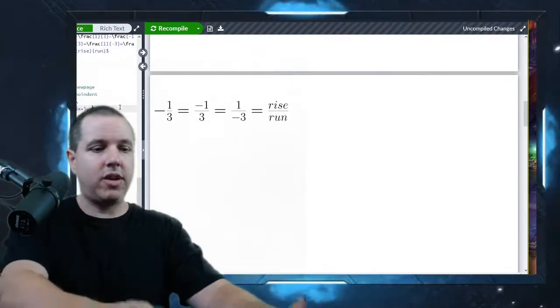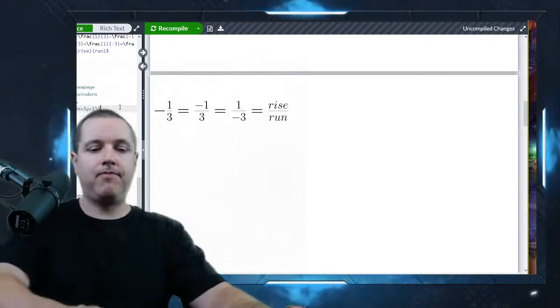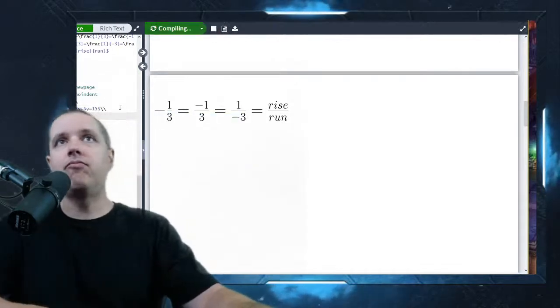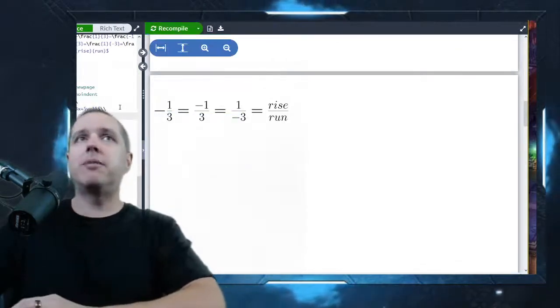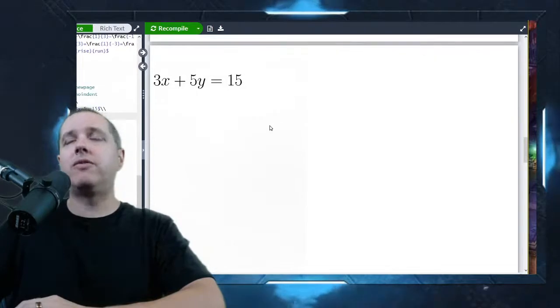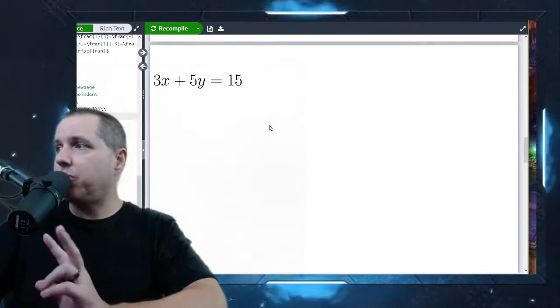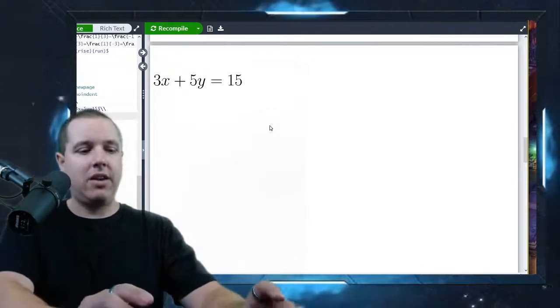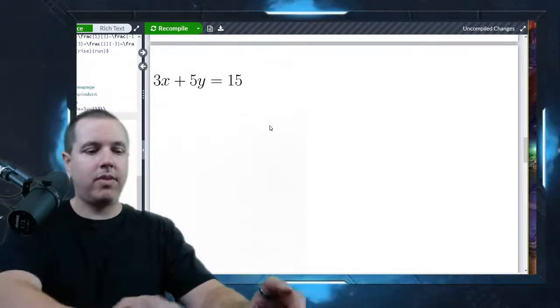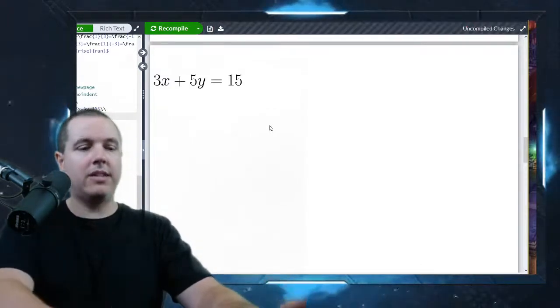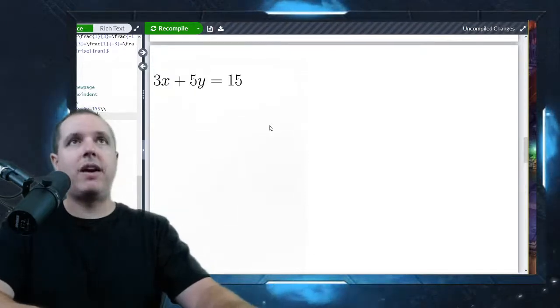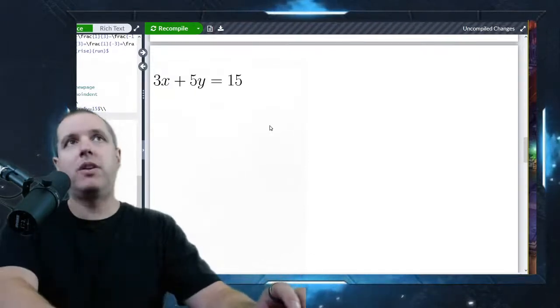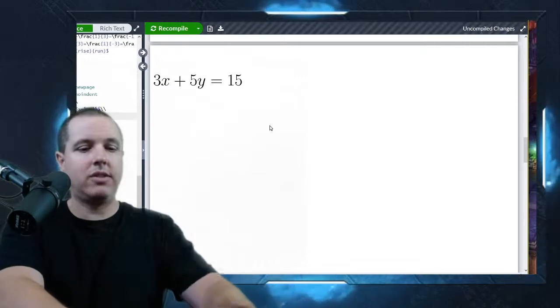Okay, so let's pick some x values and some y values and figure out what the points are. This is like the plotting points that we talked about last time. So let's make it when x equals 0.